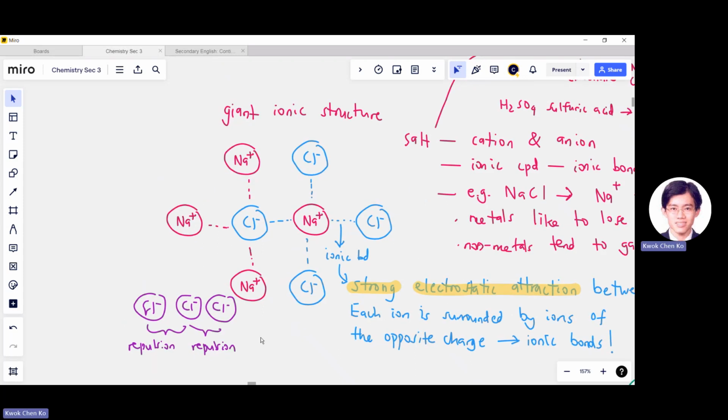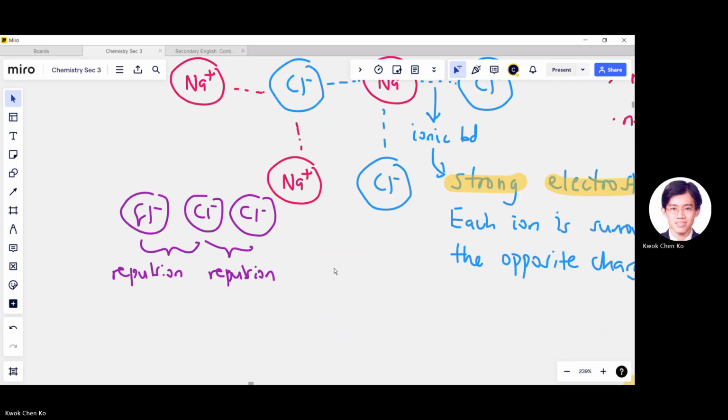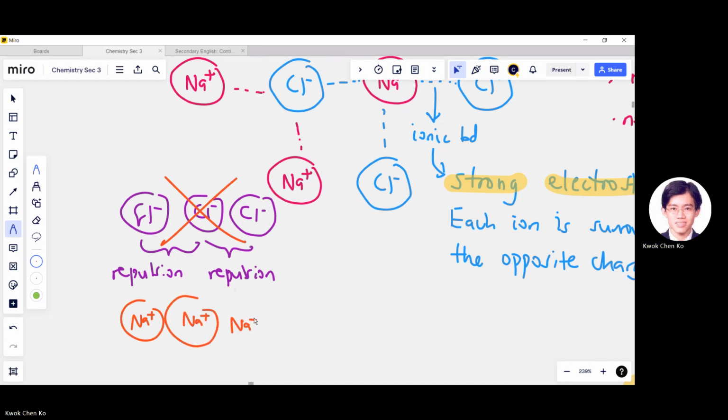So just take note of this. You can't have similarly charged ions side by side. Likewise, I can't have sodium side by side. Again, repulsion will occur. Okay, like charges repel each other, even though they won't ask this in chemistry.